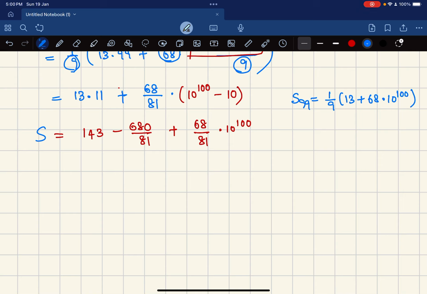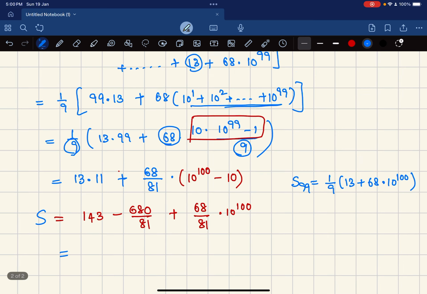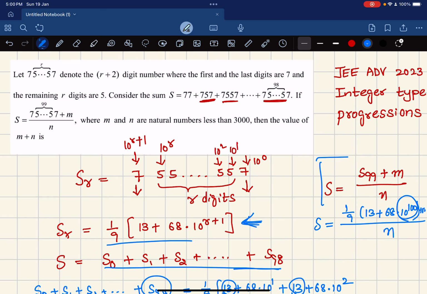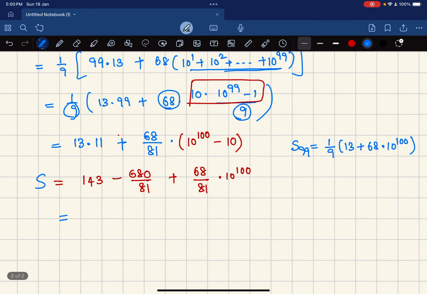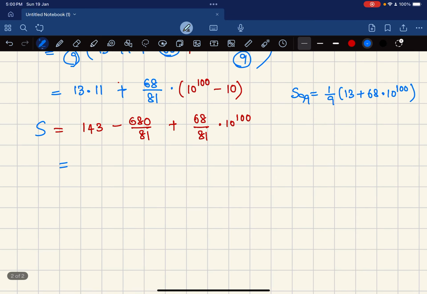So we have to somehow manipulate this and get the expression into this particular format. So we have 143 minus 680 upon 81 plus 1 by 9 into 68 by 9 into 10 to the power 100.